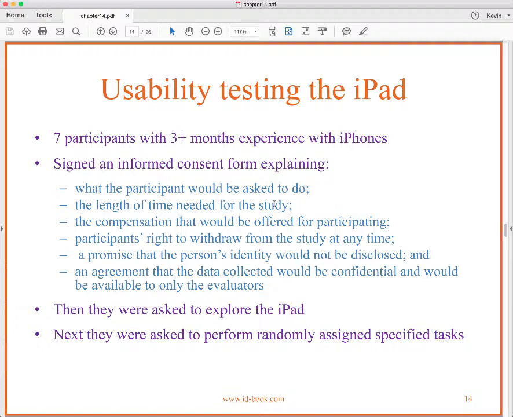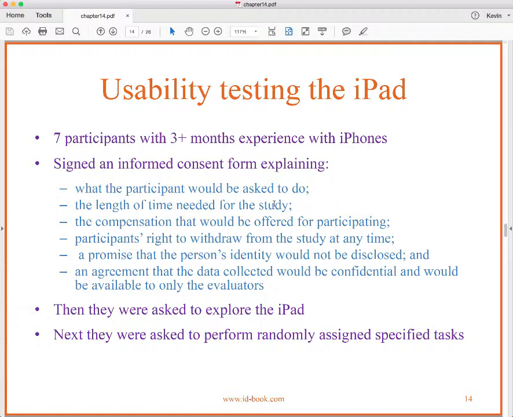So, pretty cool study. Let's see, they came up with 7 participants, so that's more than 5, who had 3 months of experience or more with iPhones. So they didn't want someone who was going to be completely new to the touch interface. They signed an informed consent explaining all the things we see here, the typical things that we promise to our subjects.